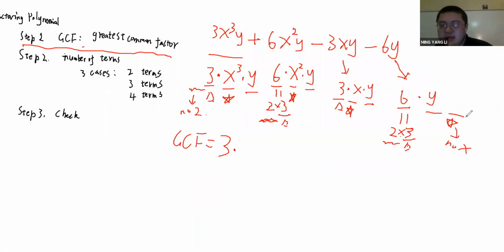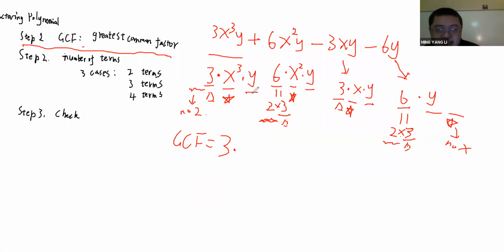So x is not a common factor, because though the first, second and third terms have x with a small star underneath, the fourth one does not. A common factor must be a common part in each term. So x is not part of the GCF, the greatest common factor.